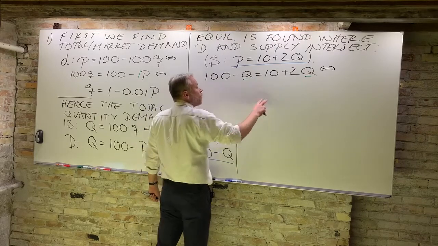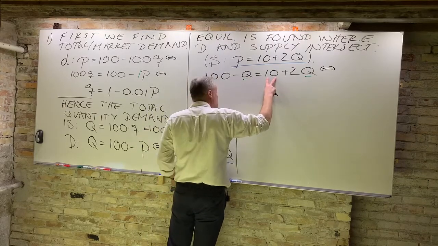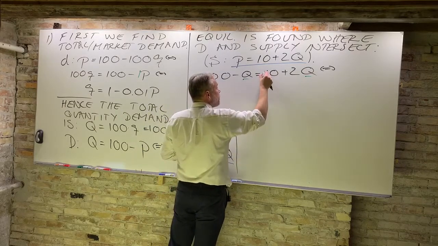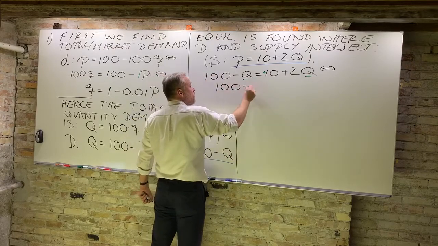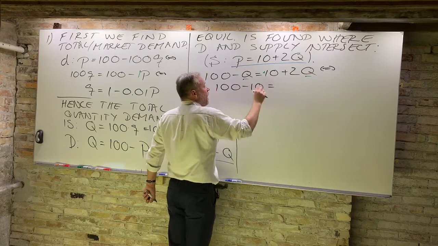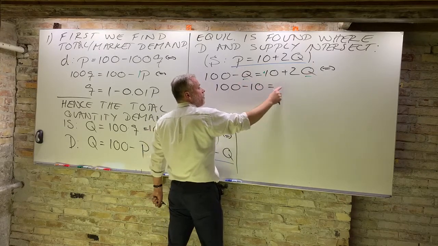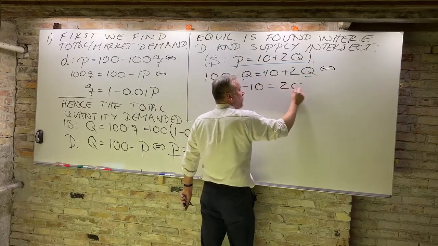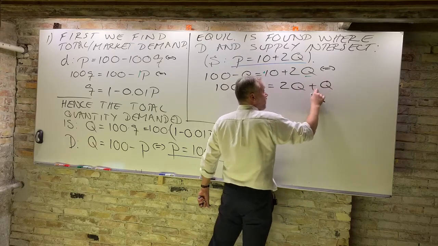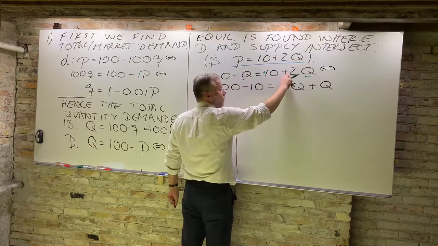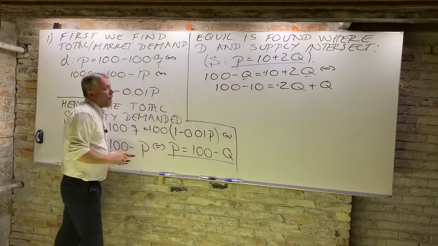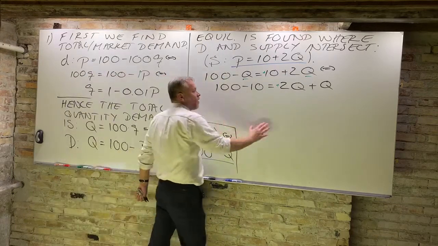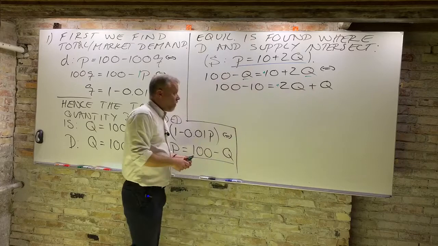To be specific, we could take this 10, and remember there is an invisible plus in front, move to the other side here, then we have 100 minus 10. At the same time, we could take this minus Q and move to the right side of the equality sign, remembering to make it a plus. And then I haven't written the plus up here, but I can do it if you prefer. So that's step number one. Now I've got only numbers on one side and only terms involving the unknown on the other.